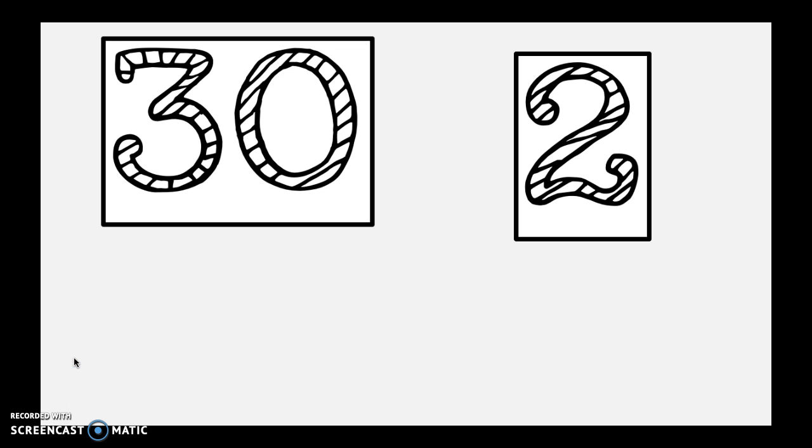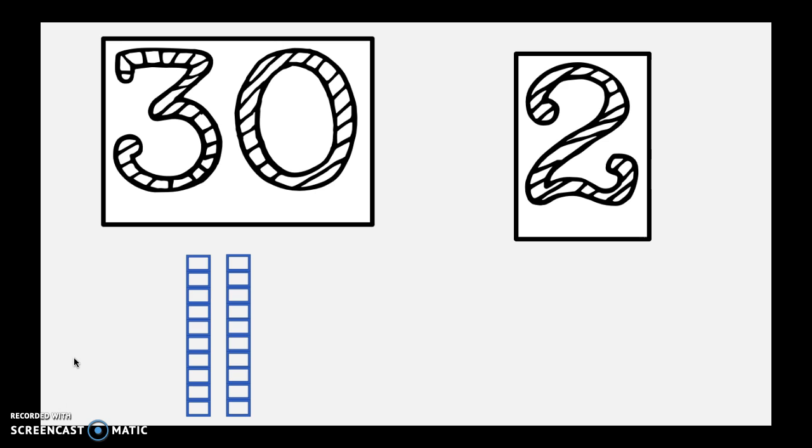If I use 10 towers, then I could use groups of 10s to show 30. So I would do 10, 20, 30. See, each tower has 10 in it, so I made sure that I did 3 groups of 10. Now the 2 isn't 10s, they're just 2 leftover 1s. 1, 2. They're not part of a big group because they're all by themselves.